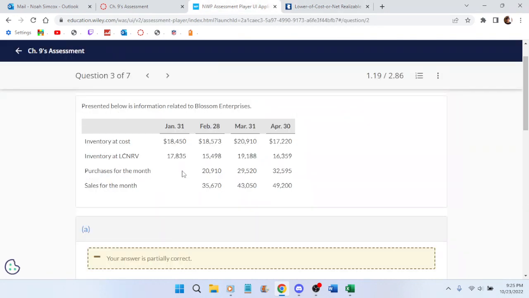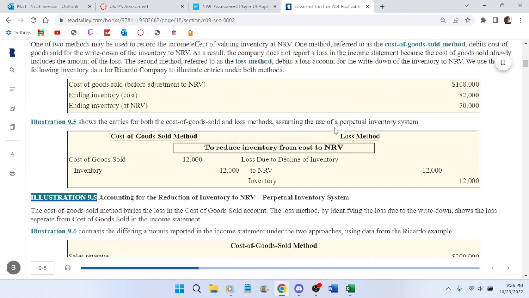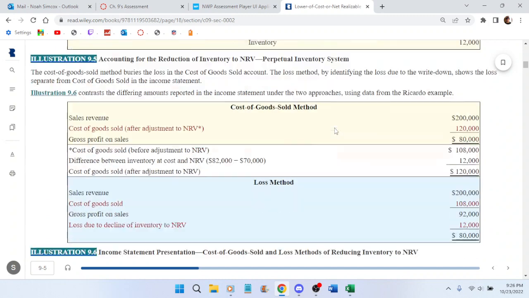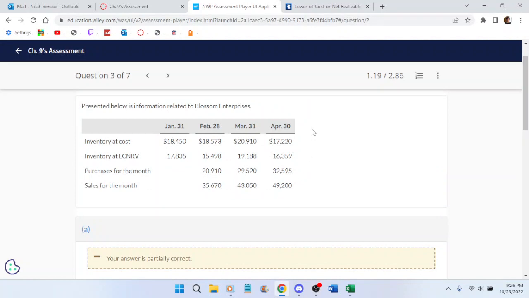The lower of cost and net realizable value is always lower than the actual cost, which implies that it is the net realizable value. What? How is this not right? This is correct. This is correct. I'm not an idiot. It's this minus this for February.